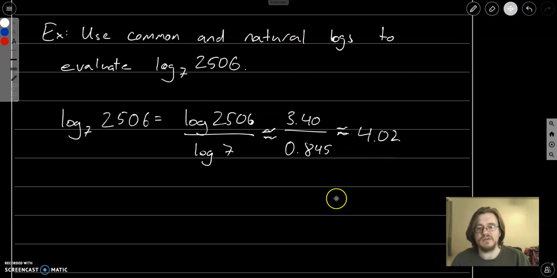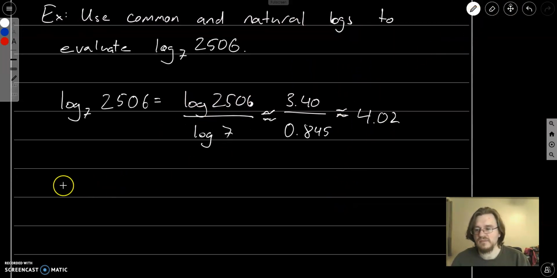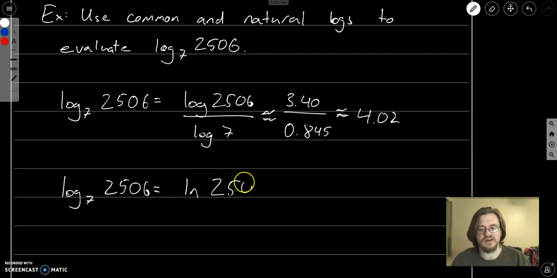So we can do the same thing with natural logs as well. I can take the log base 7 of 2,506, and I can use base e instead. So I can take log base e, which is the natural log, of 2,506, and I can take the log base e of 7, again, just the natural log of 7.